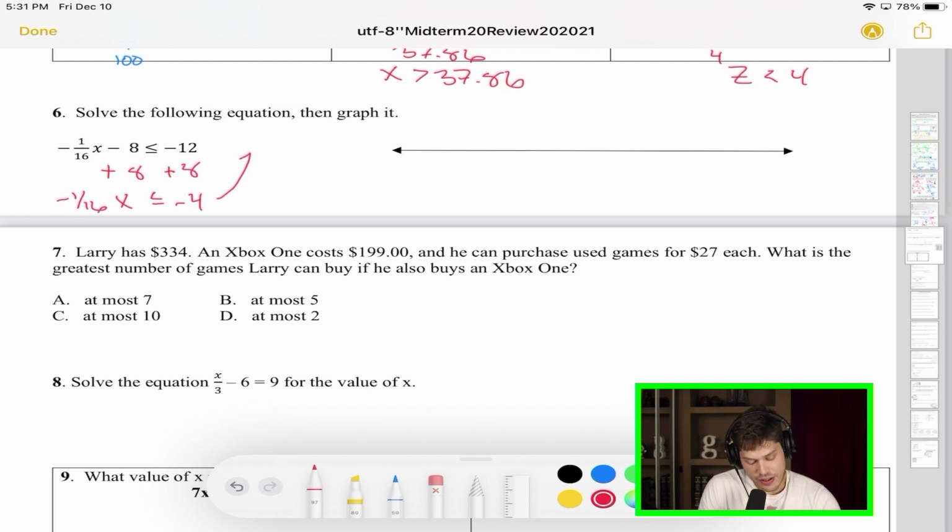When we multiply both sides by negative 16, we'll be left with x. We'll flip our sign to be greater than or equal to, and then negative 4 times negative 16 is going to be a positive value, and it's going to be 64. So x is greater than or equal to 64. And there we have it.